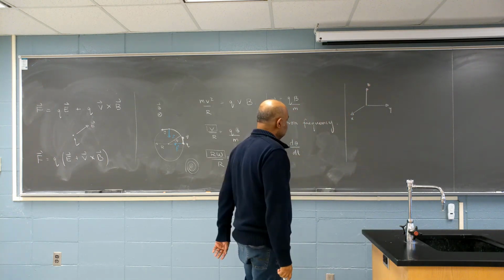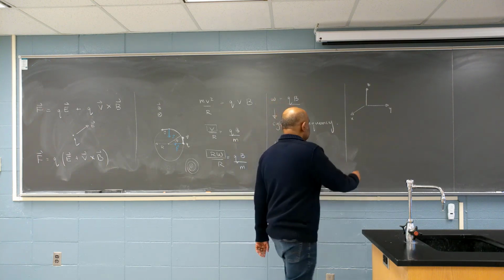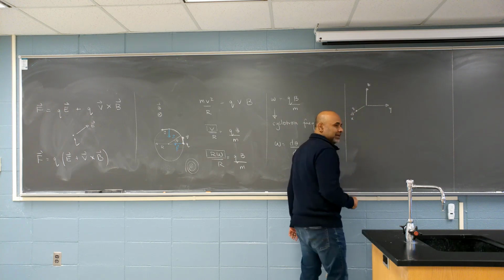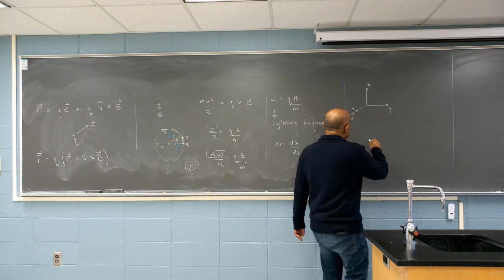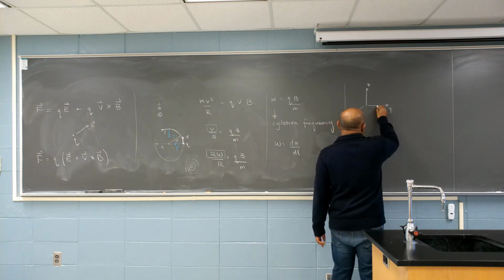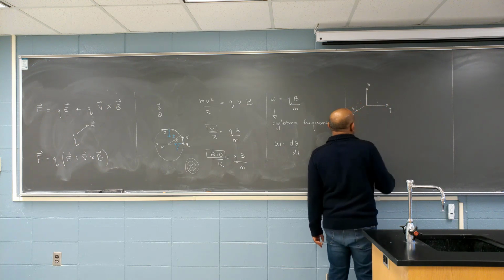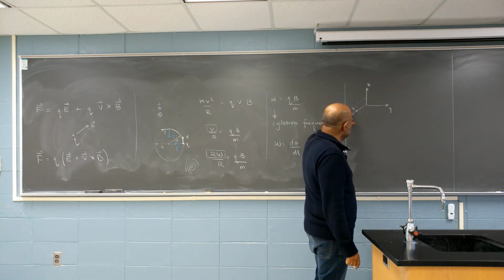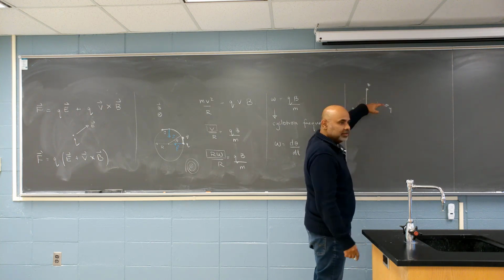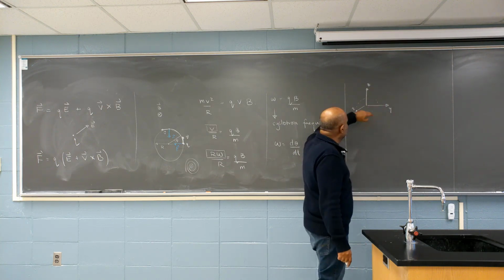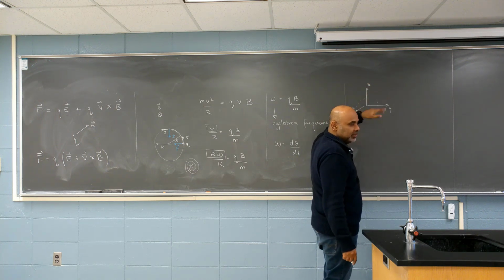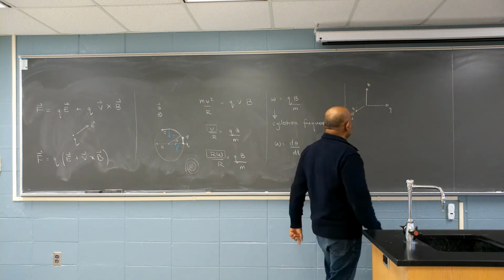If you want a positive charge, let's say the charge q starts over here, and we know it moves in a circular path. You'll find that if it's a positive charge, it moves in this direction, as I've shown, only if the magnetic field is pointing downward. Otherwise we'll have to write it the other way around.